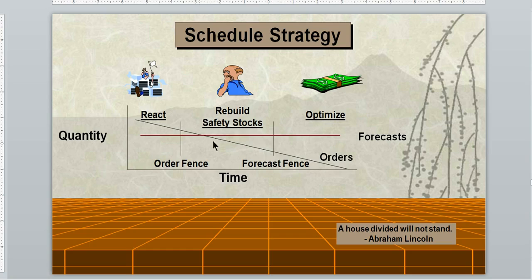The second one is rebuilding our safety stocks. So our first priority is reacting to orders. The second one is rebuilding safety stocks, where we're jeopardizing our customer service level if there are certain products that are not at high enough inventory levels that could jeopardize our sales if we were exceeding our forecasts or not keeping up with our production on those specific products.